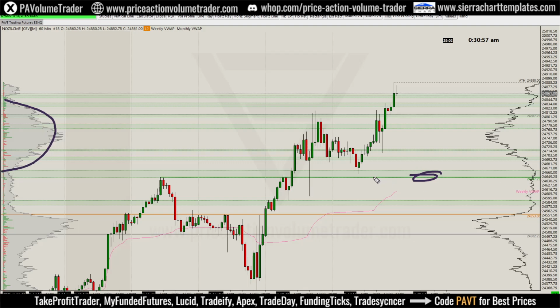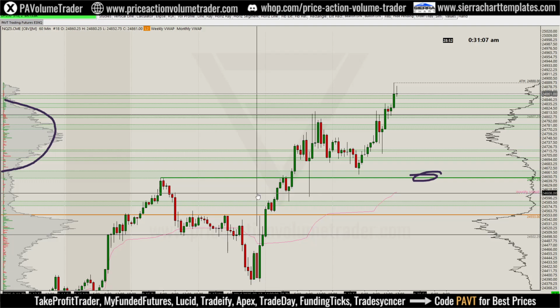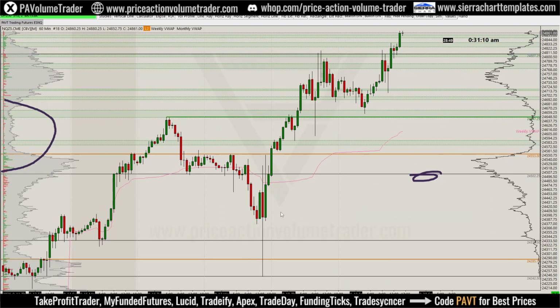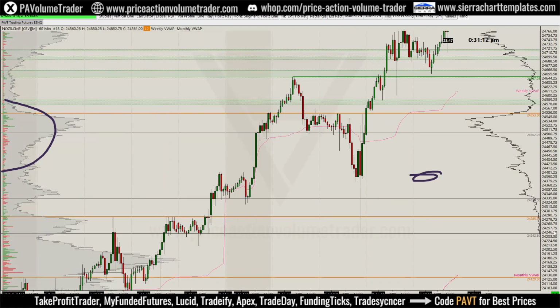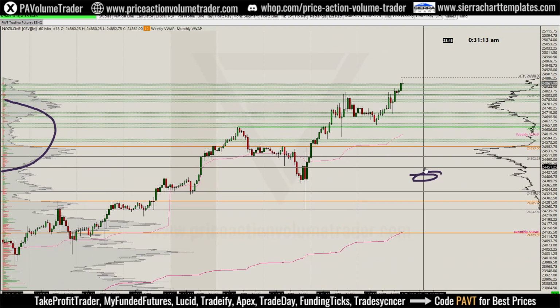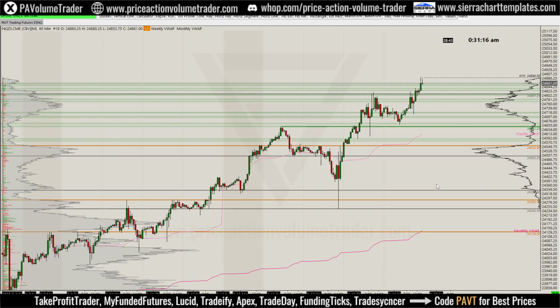Okay, so this was the Wednesday. This was the FOMC candle. If I zoom out, so you can see Monday, we started pushing up and we established this hourly level, 24,335.